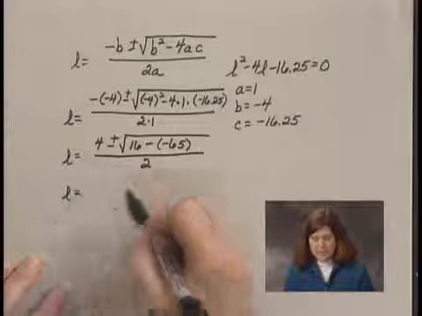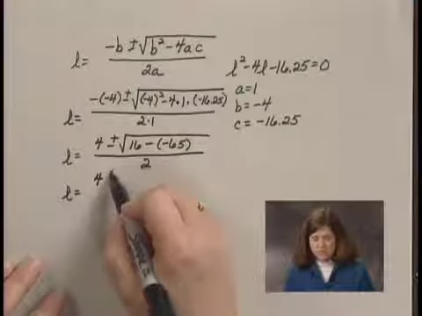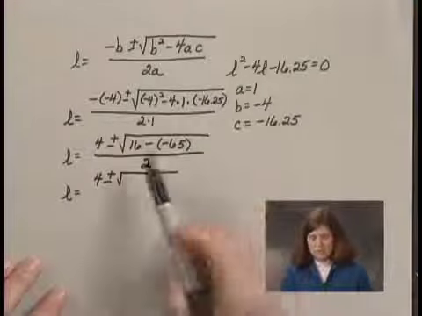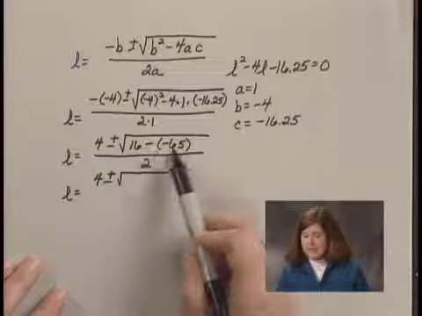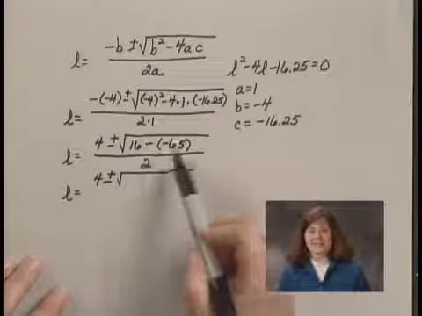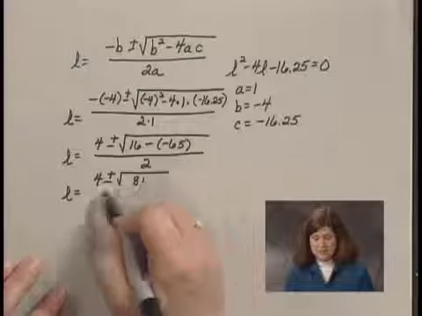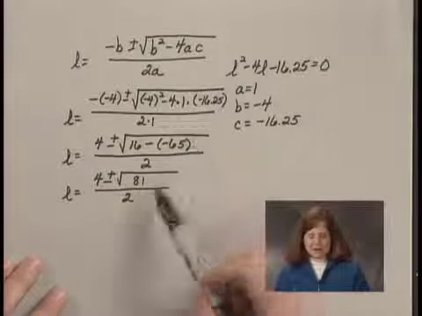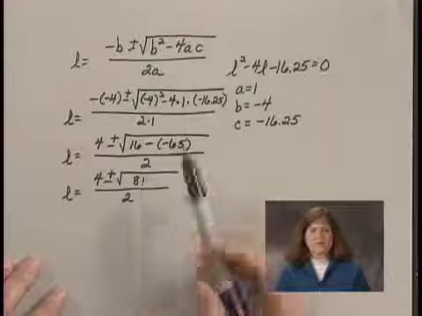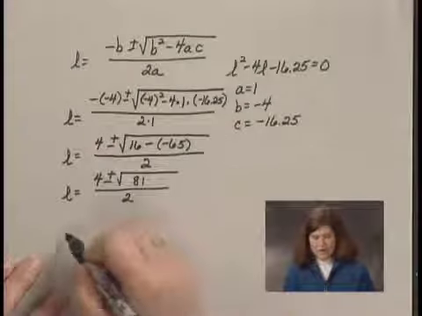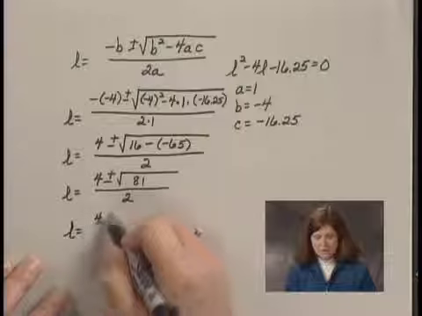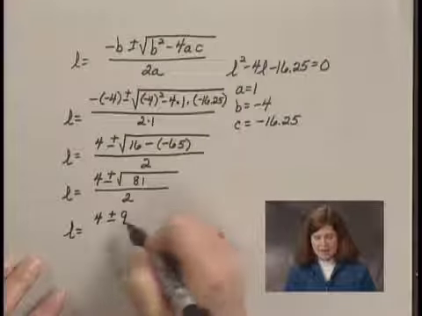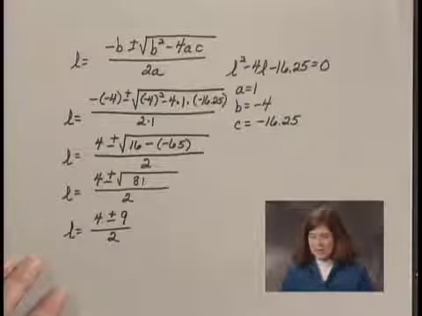Now, that simplifies to 4 plus or minus the square root of 16 minus negative 65, which is 16 plus 65, which is 81, over 2. Now this is a perfect square. 81 is a perfect square, so we can take the square root of 81, and we have L equals 4 plus or minus 9 over 2.